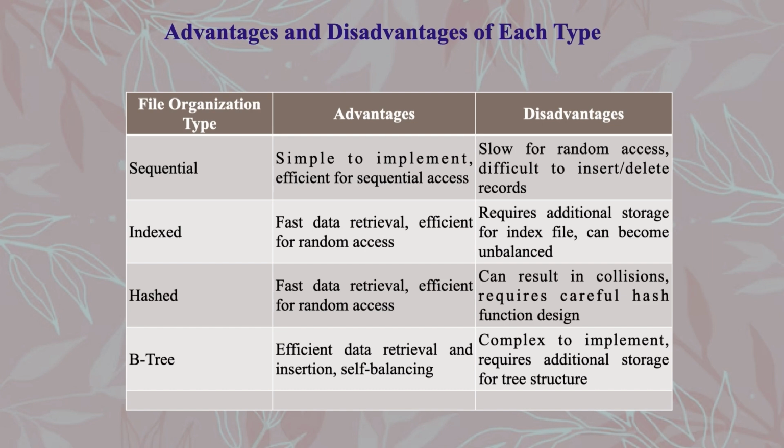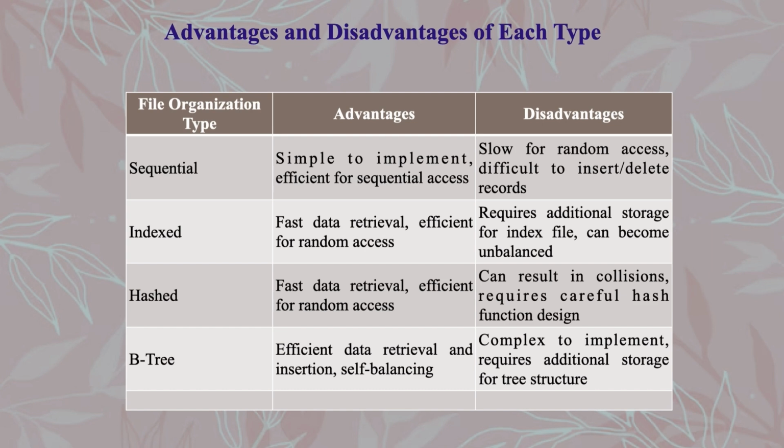So what are the disadvantages? Because everything has an advantage and everything has a disadvantage. If the file record that needs to be accessed next is not next to the current record, this type of access method is slow. Moving a sizable chunk of the file may be necessary to insert a new record. It does not allow quick access to specific records in the file.